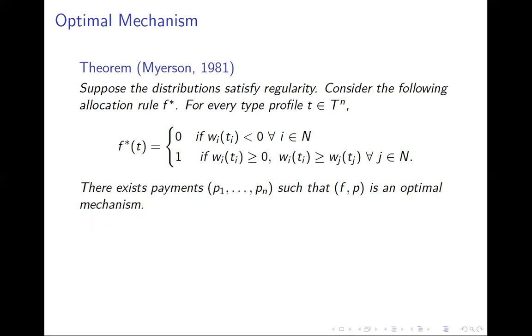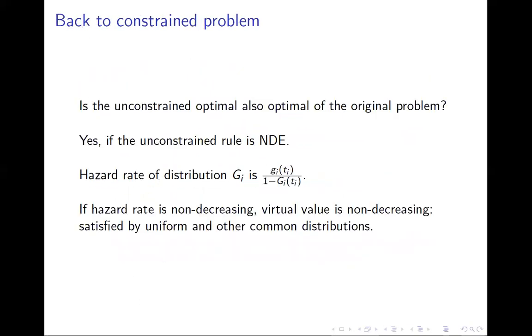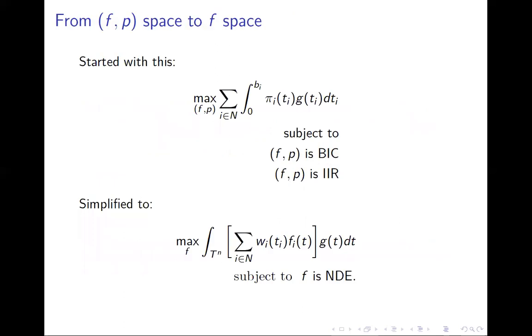So the confusion here is how we started out with this problem. Here we said that we can forget about the p's. Whatever p we choose, it's not going to matter, because the revenue expression only depends on f.